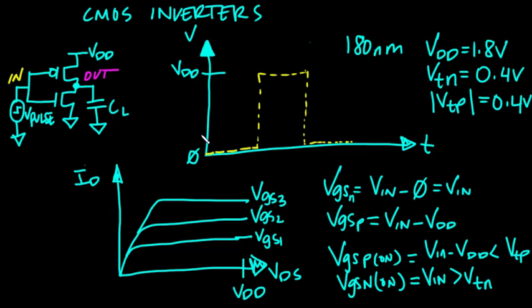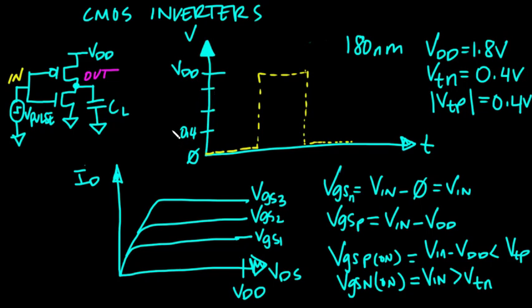Let's label those in this plot right here. If VDD is 1.8, then maybe this is 0.9, and this is maybe-ish 0.4. Maybe this is VDD minus 0.4 volts, 1.4 volts.